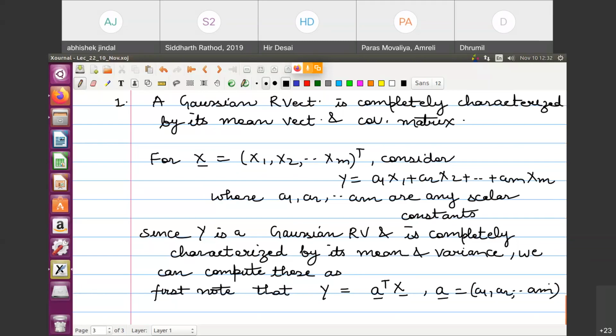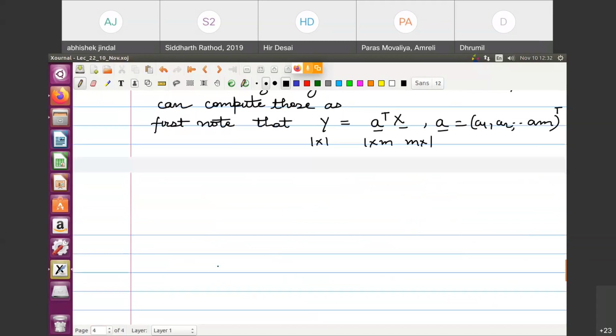Once you take the transpose, it becomes a row vector, and x bar is a column vector. So this leads to a scalar: this is 1 cross m, and this is m cross 1, which leads to a 1 cross 1 number, or you can say a variable.